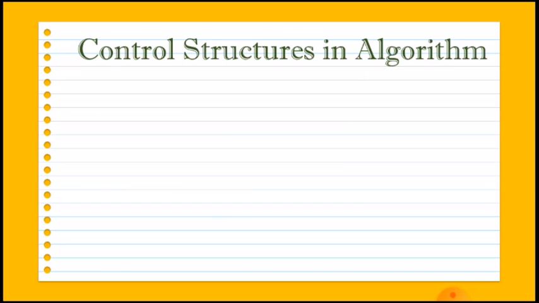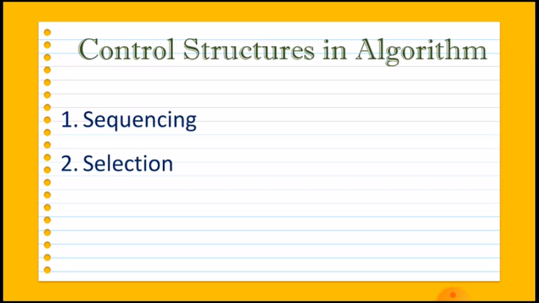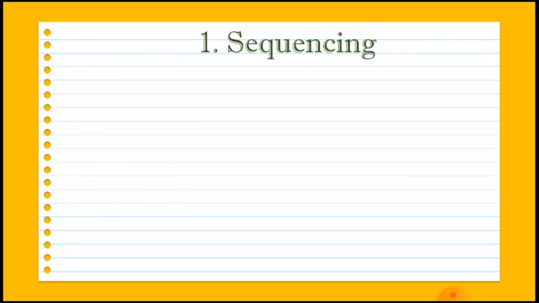Now we will see control structures in algorithm. There are three types. The first one is sequencing, the second is selection, and the third is repetition. In sequencing, all the steps which we write will be executed one after another.